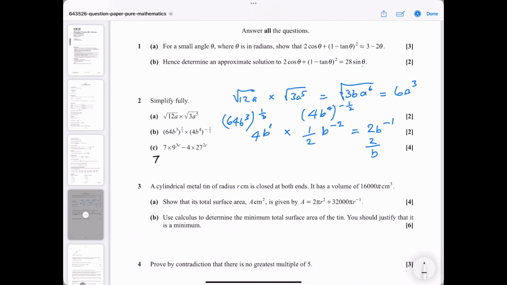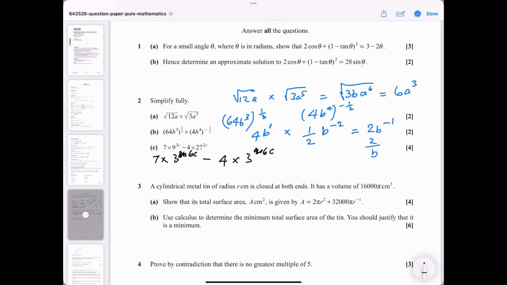So 7 times 3 to the 6c, because 9 is 3 squared, minus 4 times 3 cubed, which is 27, to the 2c, so that would be 3 to the 6c.